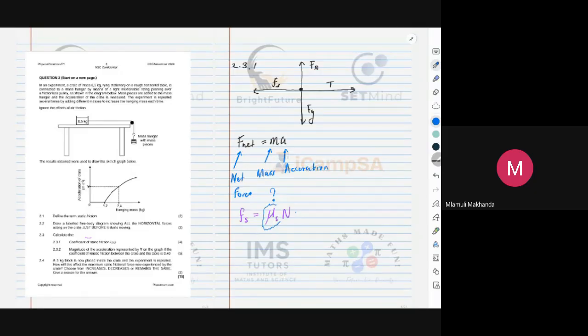We can calculate the normal force. We can also calculate this static friction, right? Okay, let's move. So we already know that F net equals ma, right? So in this case here, let's assume that this direction is positive, then this direction is negative, right?